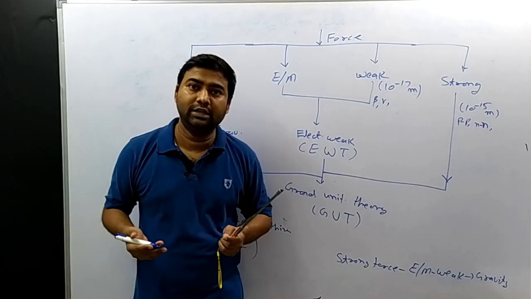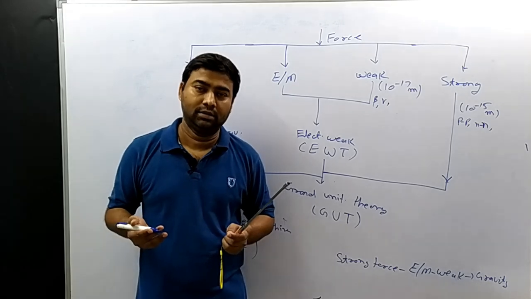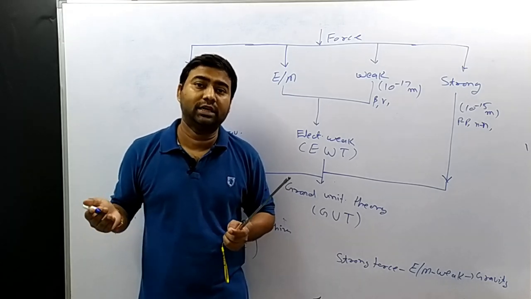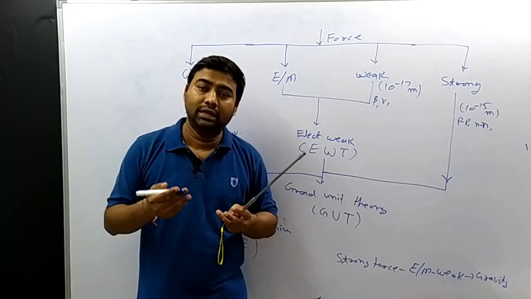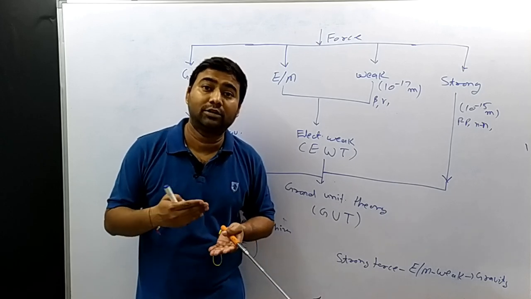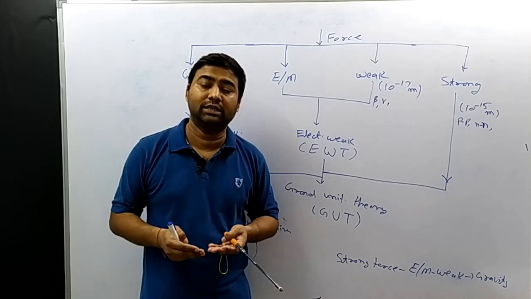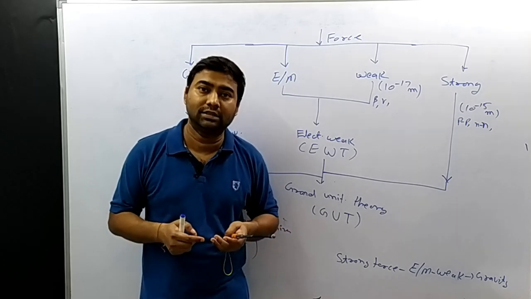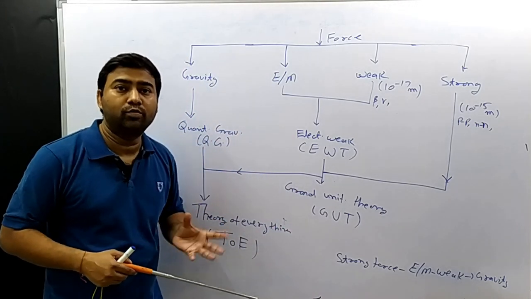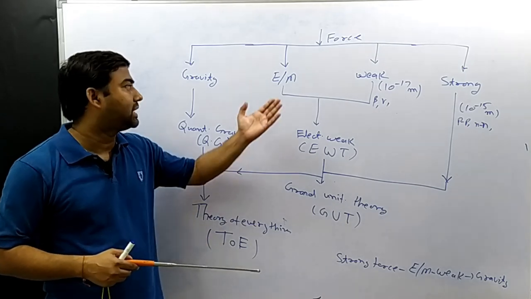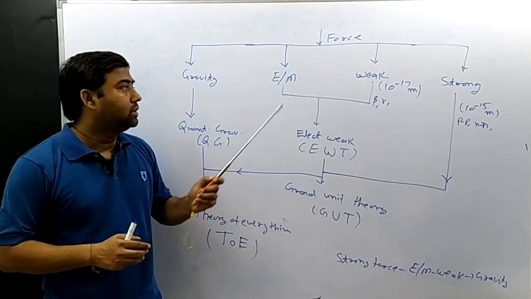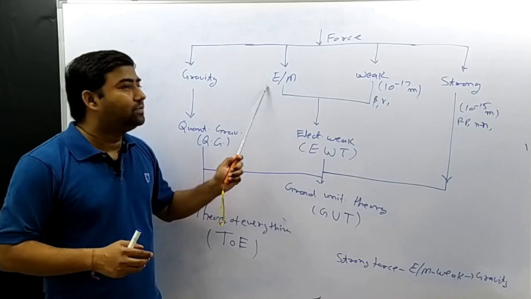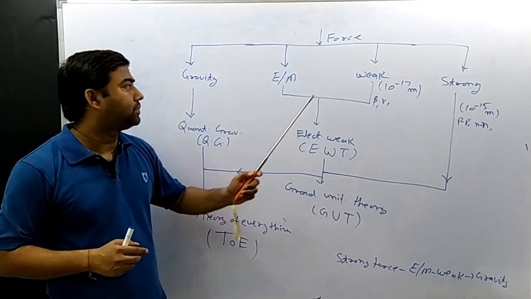Electromagnetic force was explained by Maxwell with the help of his famous equations. Electromagnetic force includes the electrostatic force between charged particles, the magnetic force between two current carrying wires, etc. So this is the second classification, which was explained by Maxwell.